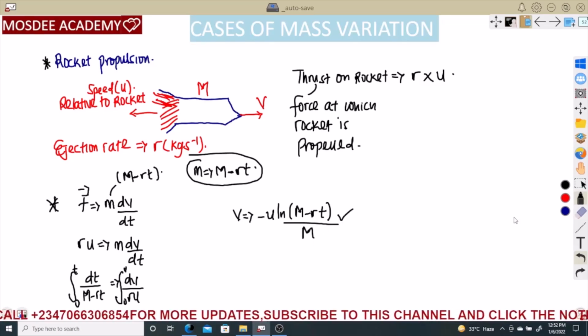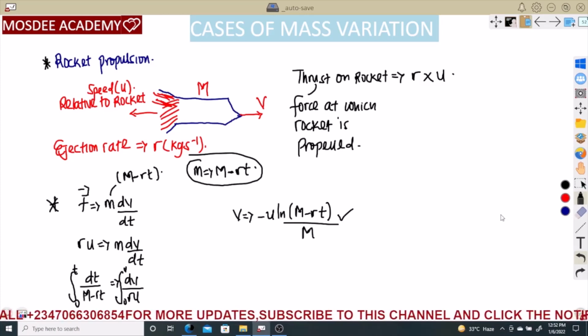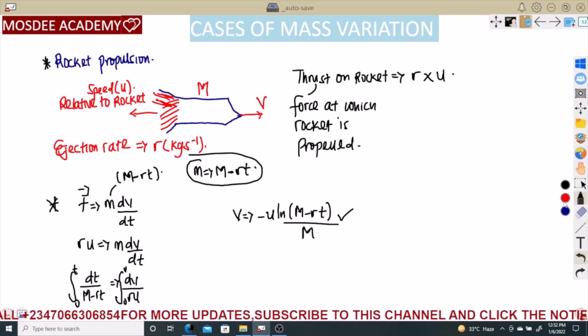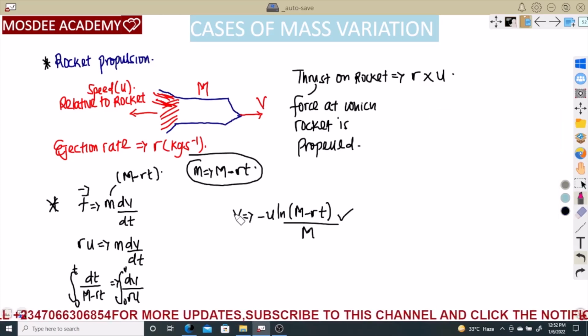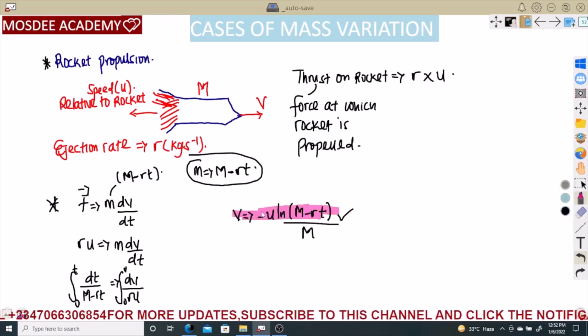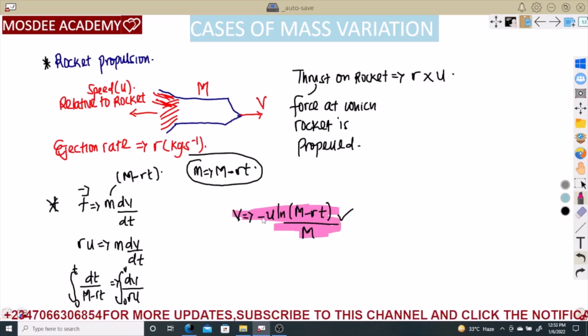So the speed at which the rocket is moving is given by this formula, which is what you just need. The essence of my derivation is for you to know this particular formula, which is always very important when you are dealing with questions on rocket propulsion.